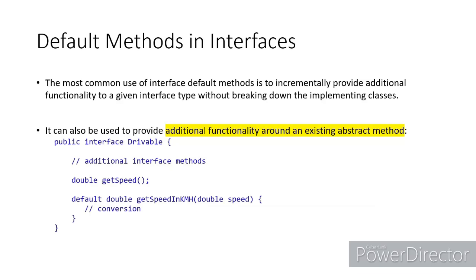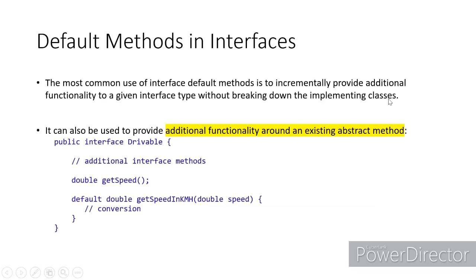That is a very important feature of object-oriented programming: extensibility. You should be able to enhance your code without breaking the existing code. That is the advantage your default method provides, to incrementally provide additional functionality to a given interface type without breaking the implementing classes.